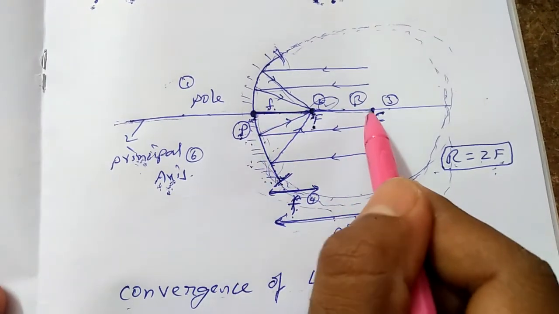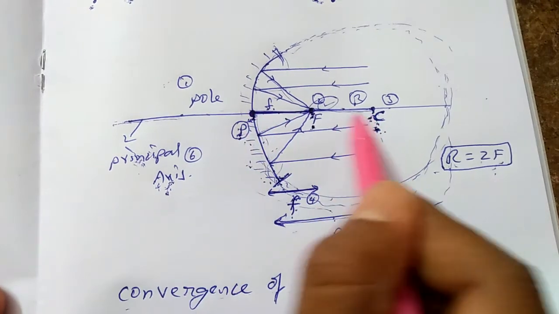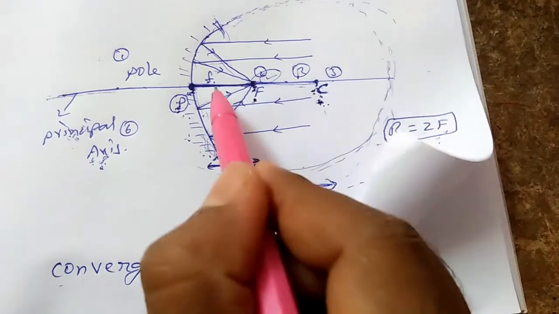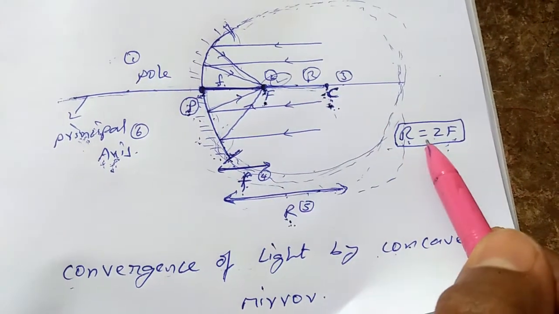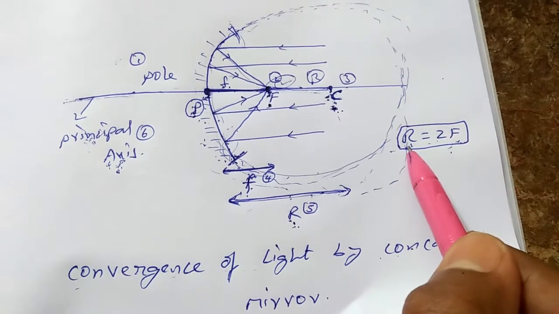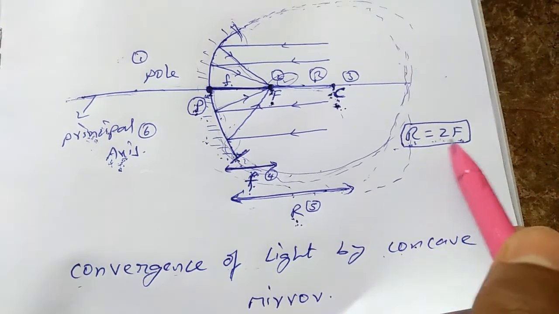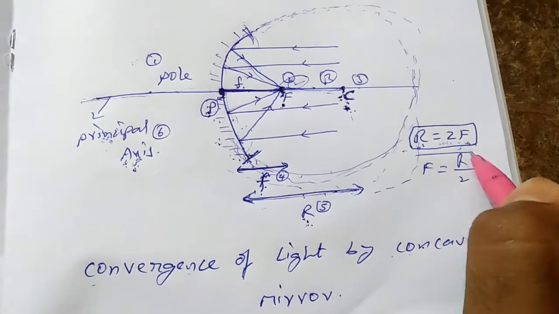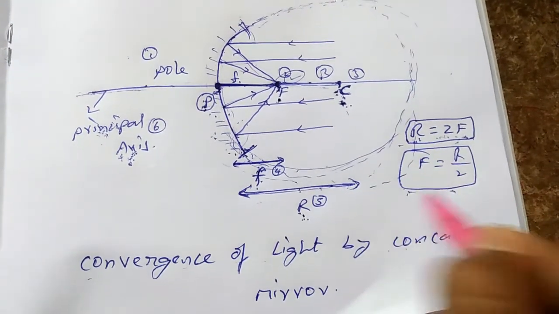This 2f is nothing but the radius of curvature. That's why we can write capital R, this total radius, equals twice the focal length. So radius of curvature capital R equals 2f, or we can write f equals R by 2 also. f equals R by 2.